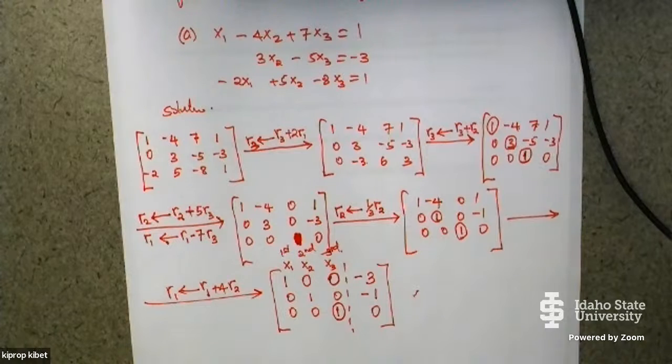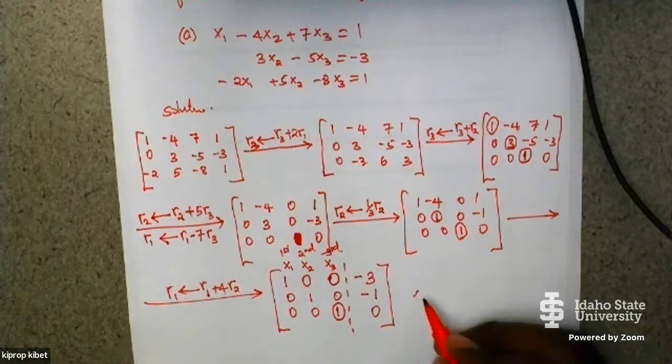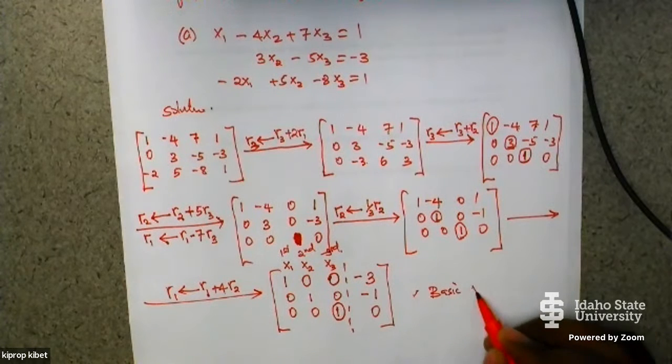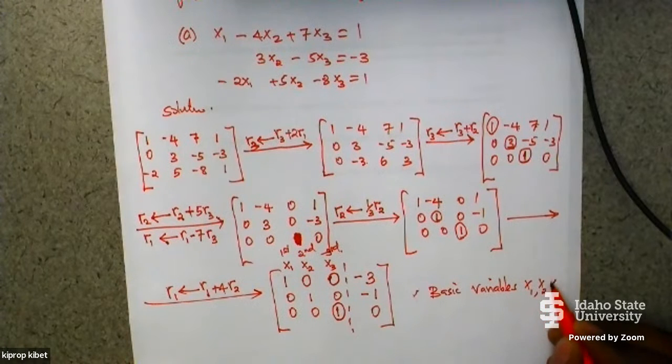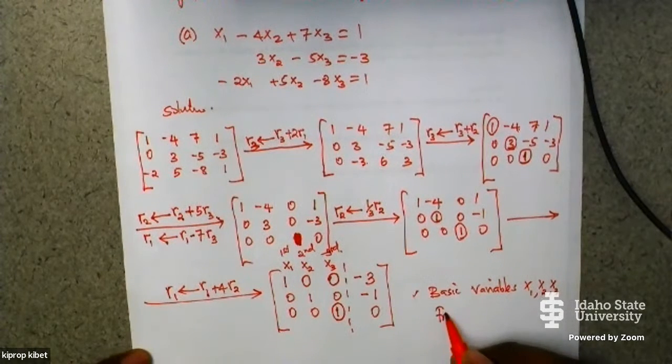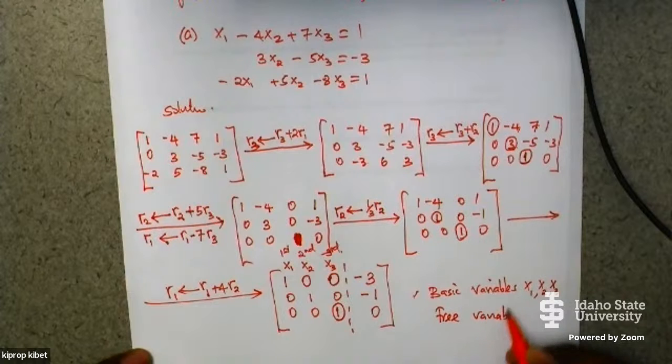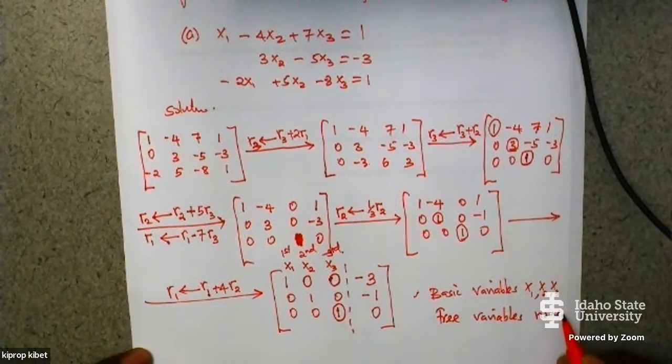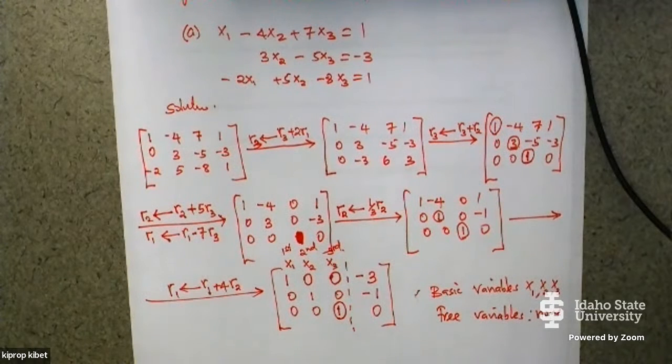All these columns here are giving us the pivot positions in each of them. So we have the basic variables, which are x1, x2, and x3. The free variables are none. We don't have the free variables.